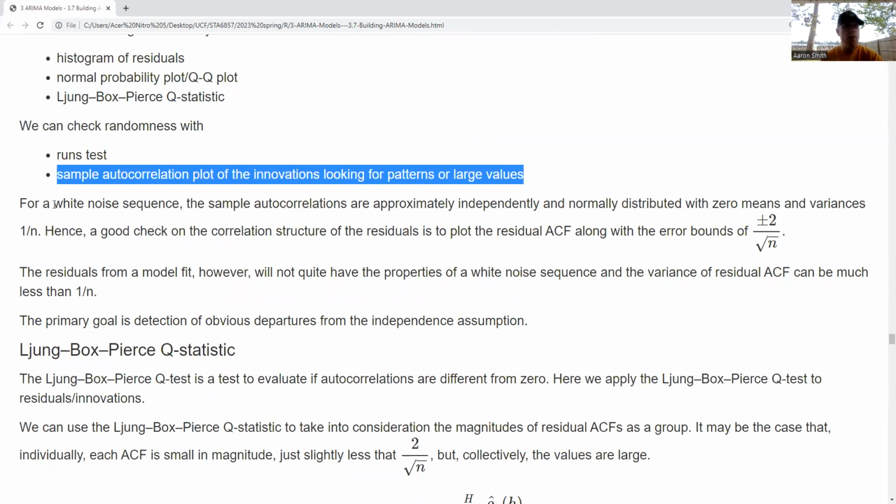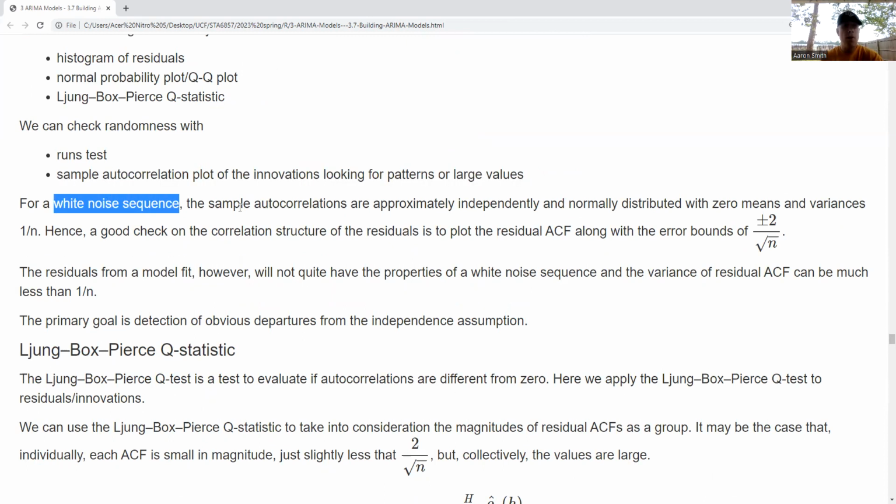If I have a white noise sequence, the sample autocorrelations are approximately independent and normally distributed, with 0 mean and a variance of 1 over n. So it's a good check to look at the correlation structure of the residuals in an ACF plot, along with those error bounds that we automatically get.